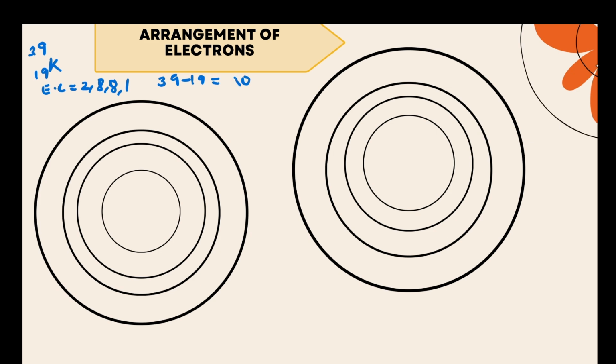First shell 2 electrons, second shell 8 electrons, third shell 8 electrons, and the last shell will have 1 electron.